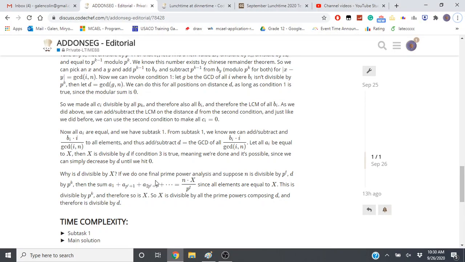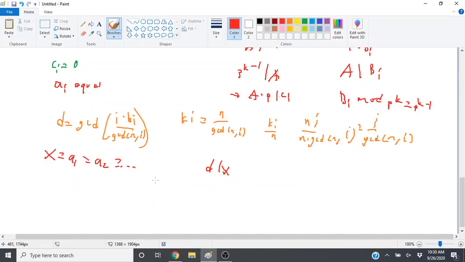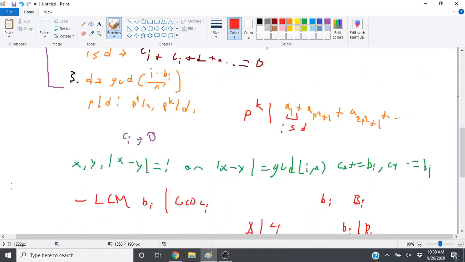That's a typo. So, yeah, this is something cool. And the reason x is divisible by d is because we can again consider all the prime factors.